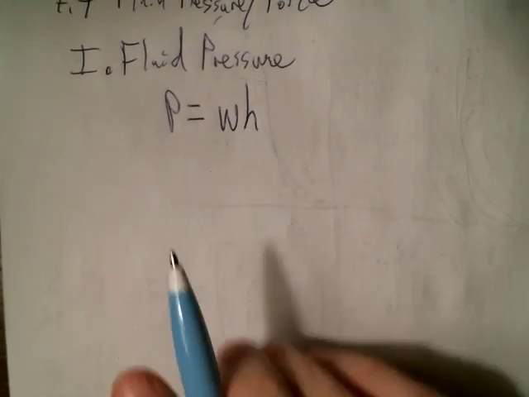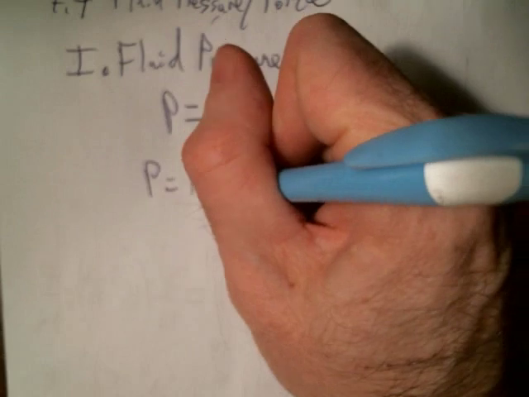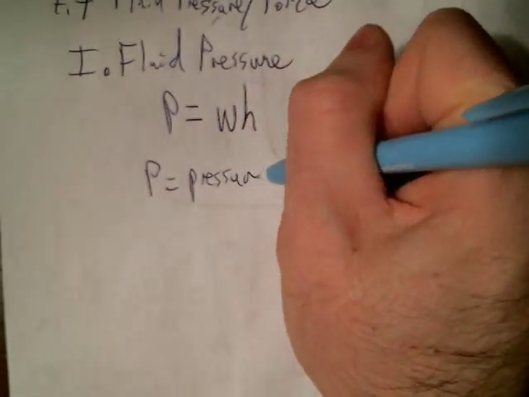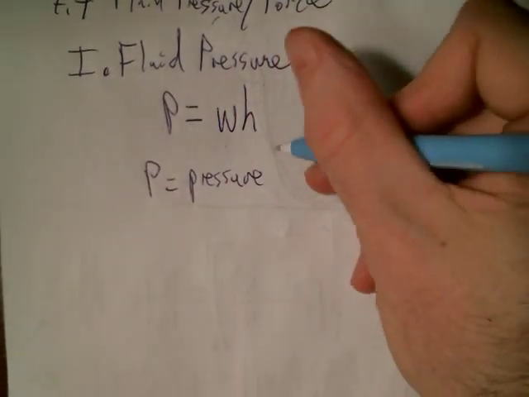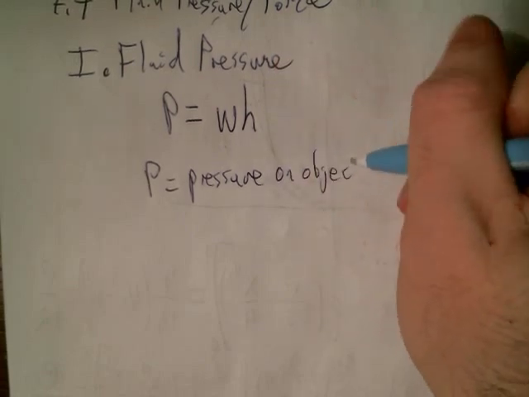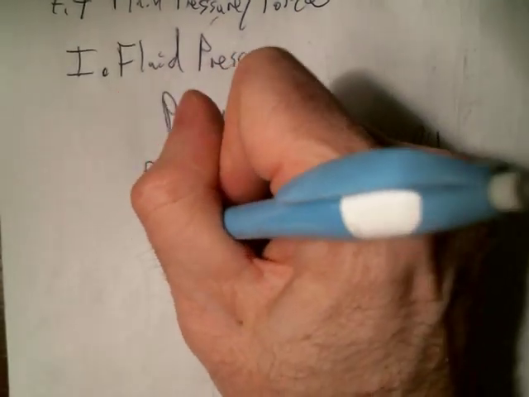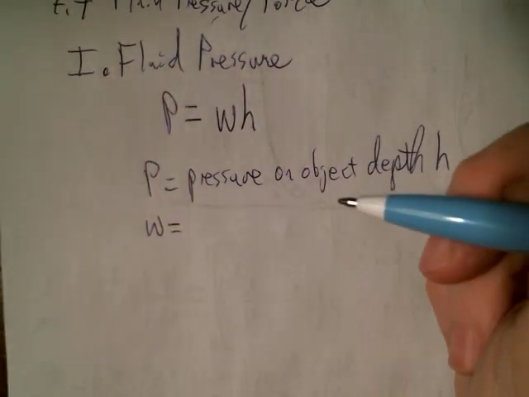And all the constants are in the book or online. So P is the pressure on an object at a depth of H. And then W is this weight density.